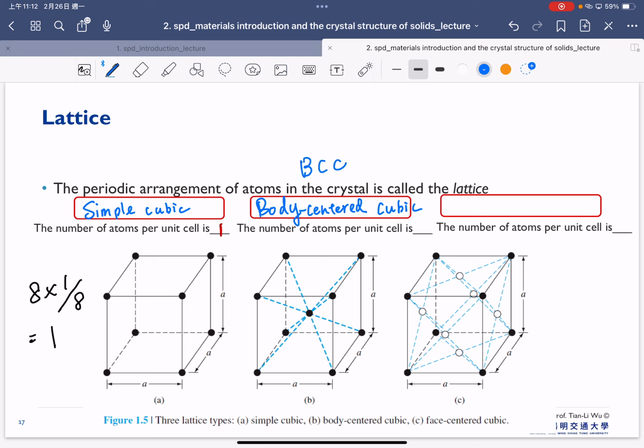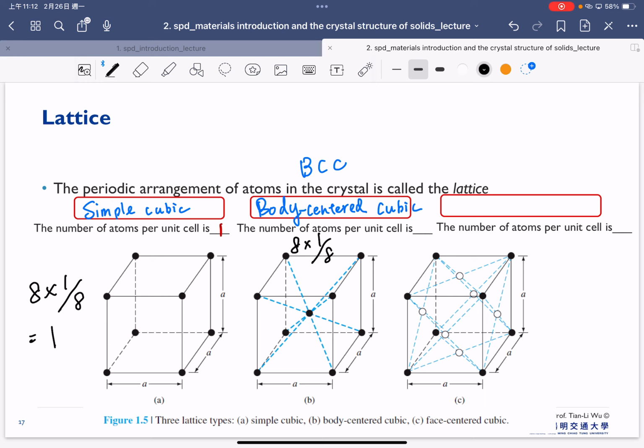And here again, how many atoms in the BCC structure? We have 8, still the same, in the corner. We have 8 atoms in the corner, and each one only contributes 1/8.